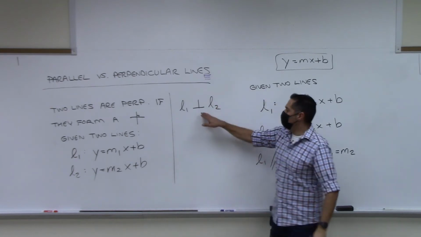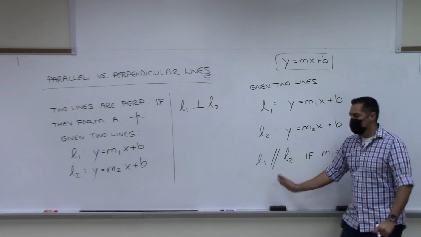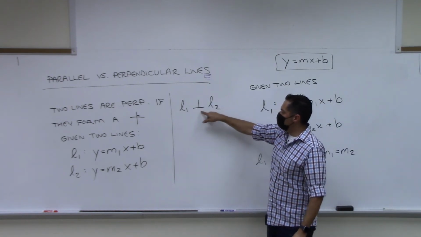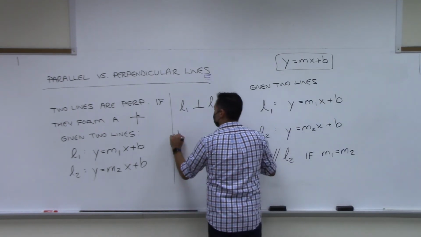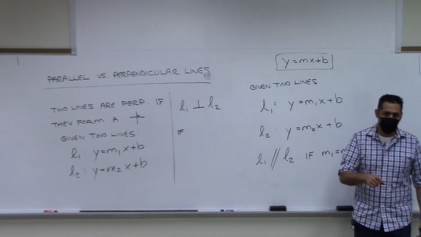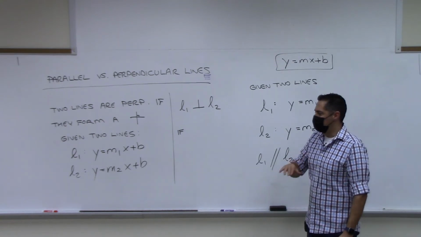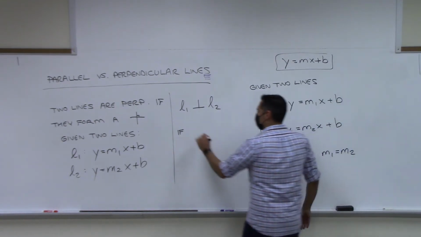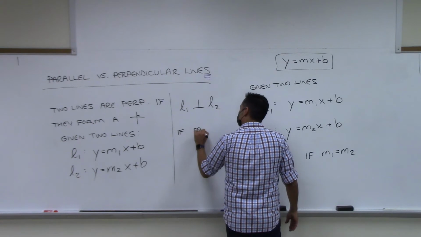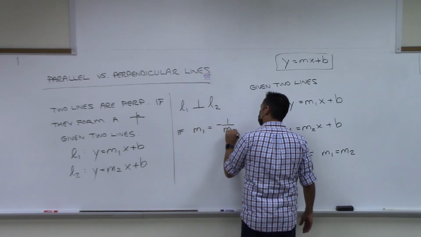That's the notation we use for perpendicular, just like the one for parallel. This means L1 is perpendicular to L2 if it is not that they are equal, and it's not quite that they're opposites. They have this relationship. When I write it down here, you'll be like, what? If M1 is equal to -1 over M2.